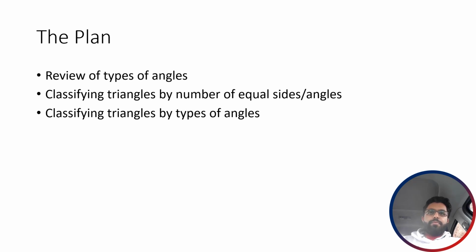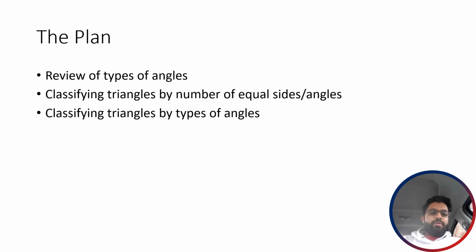We'll talk about triangles that have all three sides exactly the same length and all three angles exactly the same size, versus triangles where only two of the sides are the same length and only two of the angles are equal, versus triangles that don't have any sides that are the same length and don't have any angles that are the same size as each other.